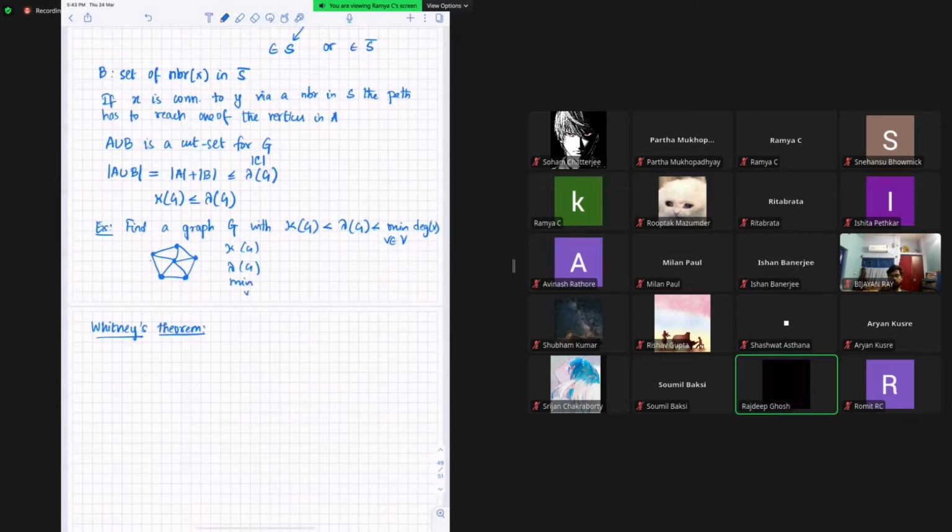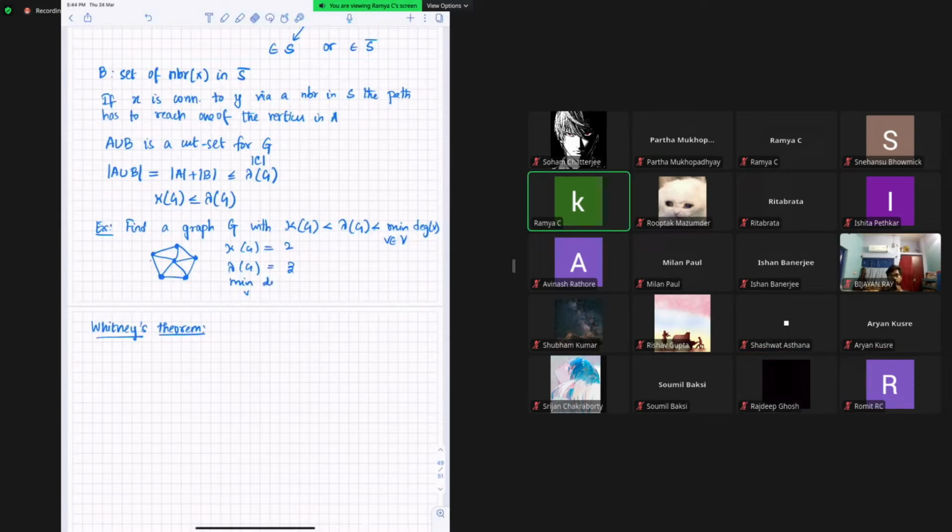Kappa of G is just 1. Oh, no, it's 2. No, this is 3. I don't know if there are any 2 edges that you can remove. You cannot, right? Yeah, no, this does work.